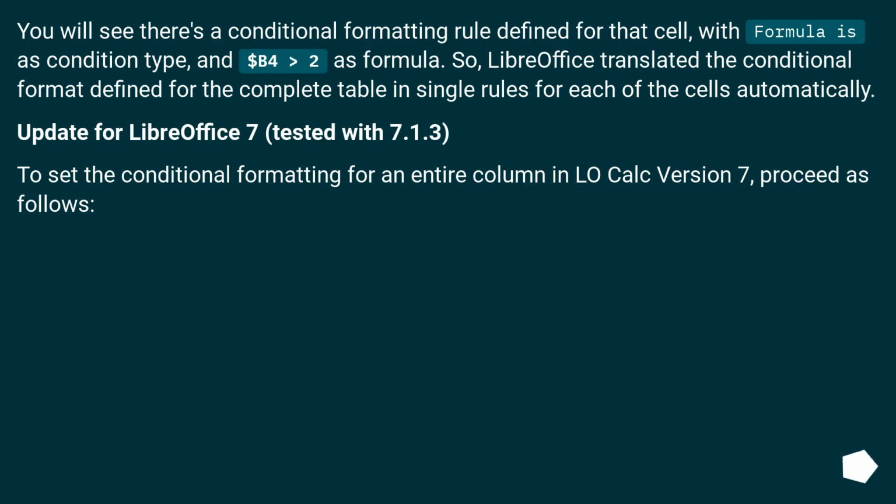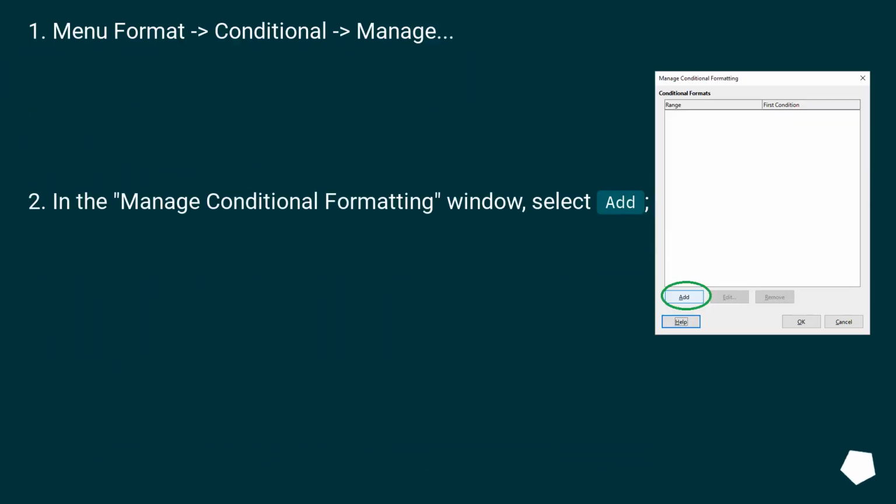To set the conditional formatting for an entire column in LibreCalc version 7, proceed as follows. Menu Format > Conditional > Manage. In the Manage Conditional Formatting window, select Add.